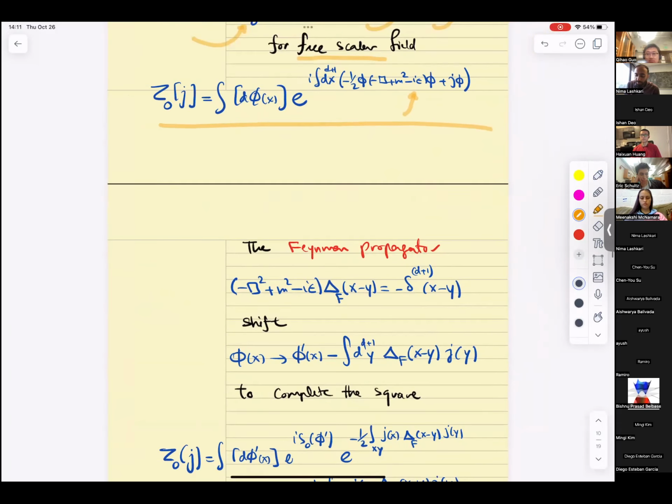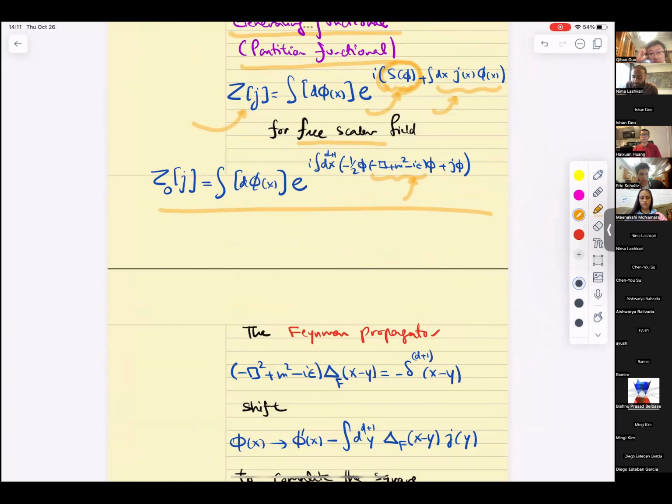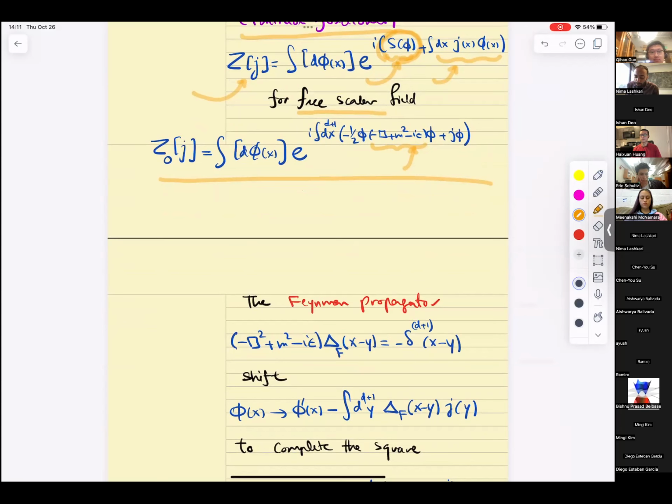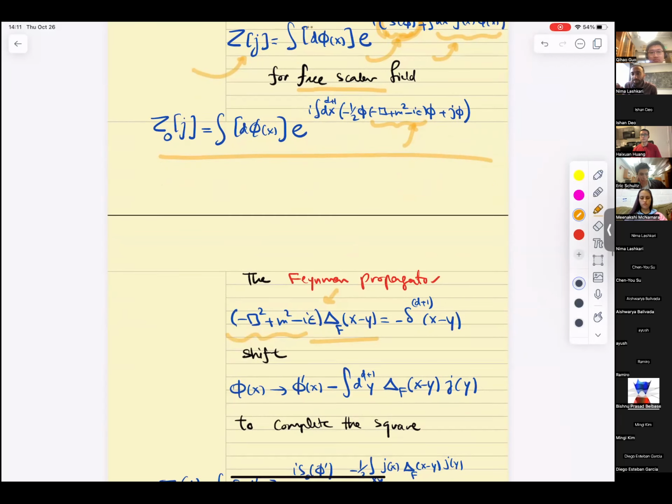All right. Now you recognize this as being related to the Feynman propagator. So the Feynman propagator is a Green's function for this operator, right? Here is a super quick trick. This is perhaps one of the most beautiful tricks in path integrals. You shift phi of x this way.